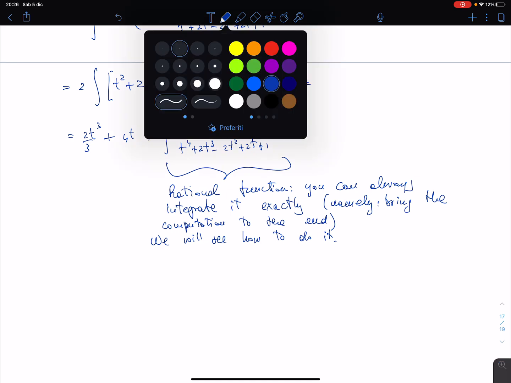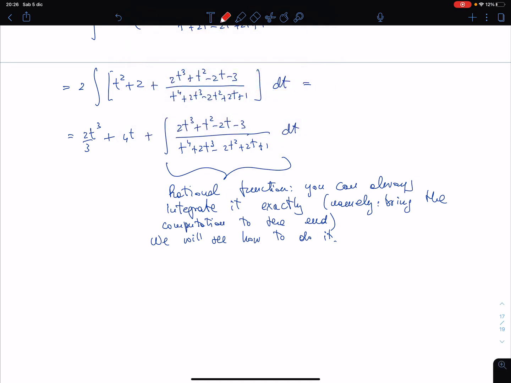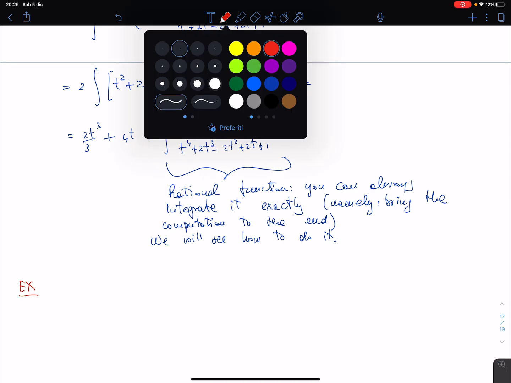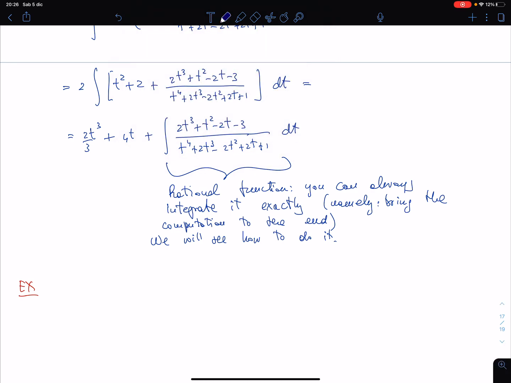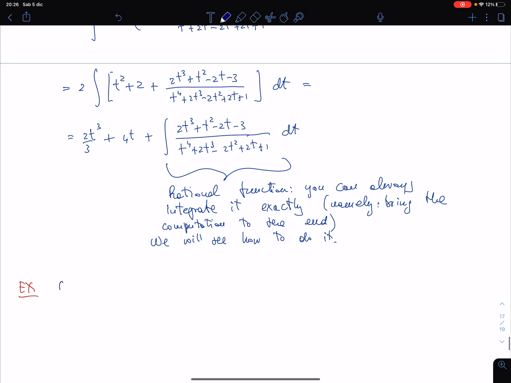Another example is the following, that has to do with these functions, which are rational functions. Let us look for the set of primitives to the indefinite integral of this function, 1 over x times 1 minus x.